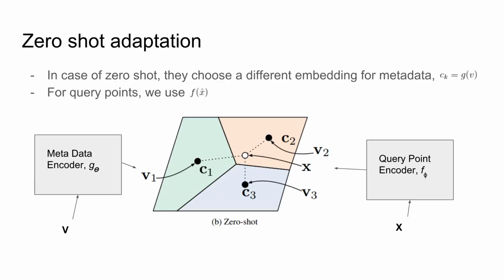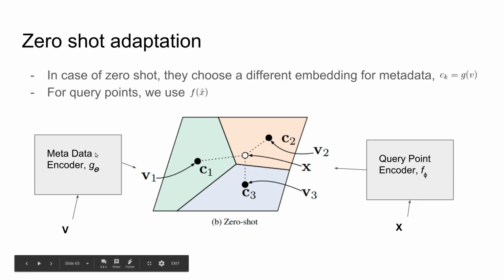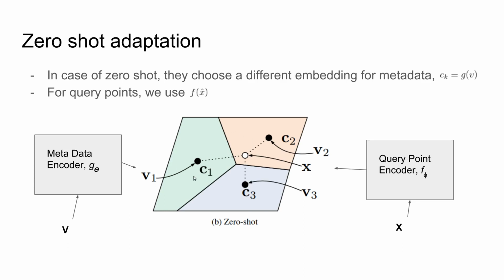And we can also do zero-shot in prototypical network. To do that, a very simple modification is required. For zero-shot, we don't have training data for each class, but we have some metadata. So what they did is embed both the metadata and the query points into the same space, but using two different functions, g and f.